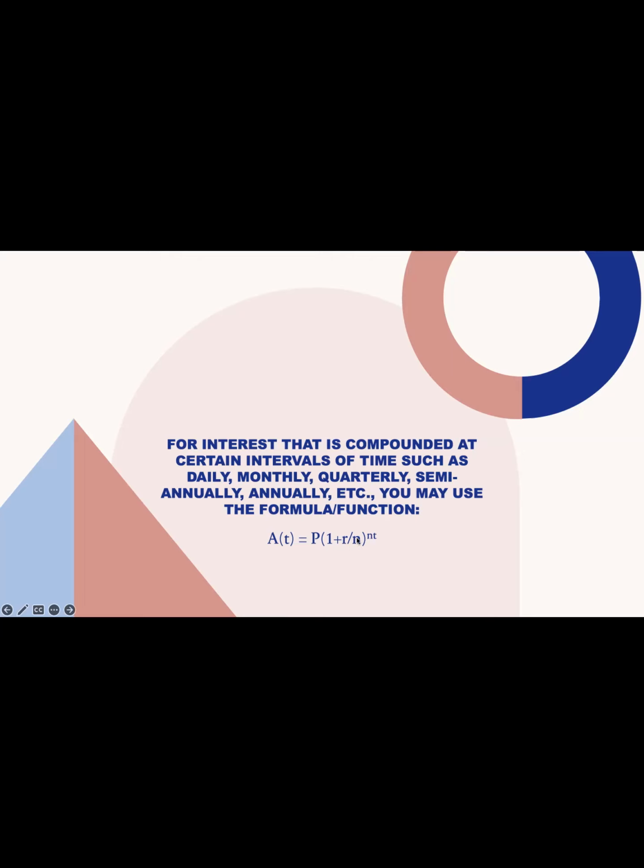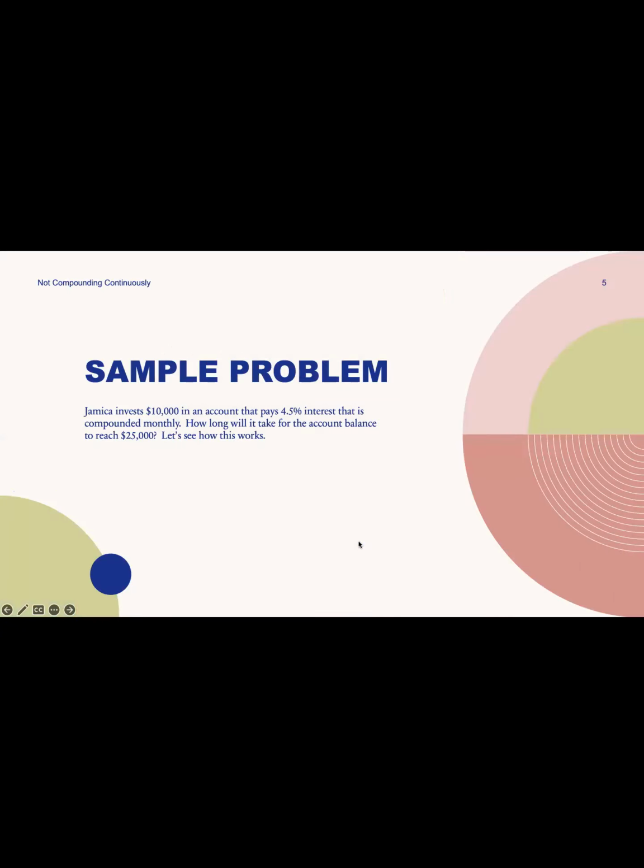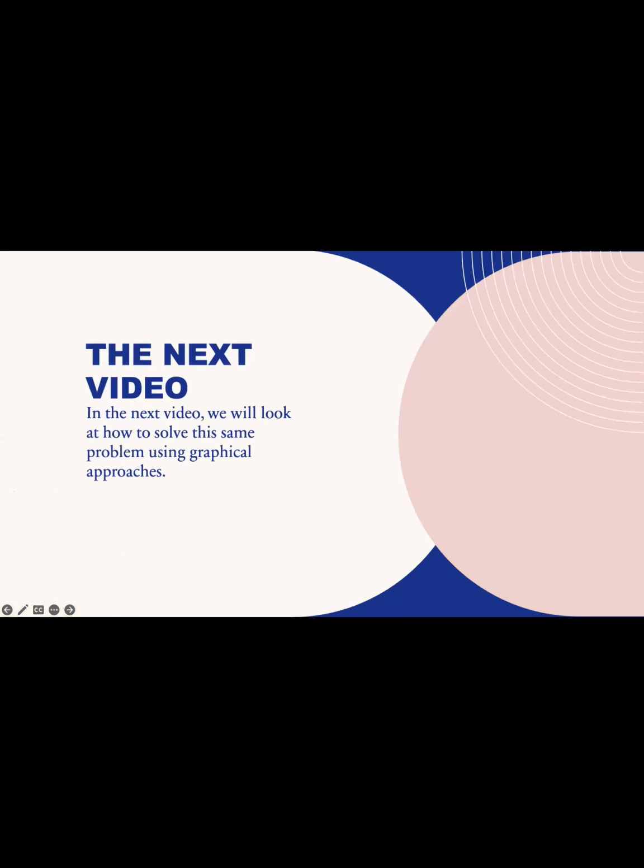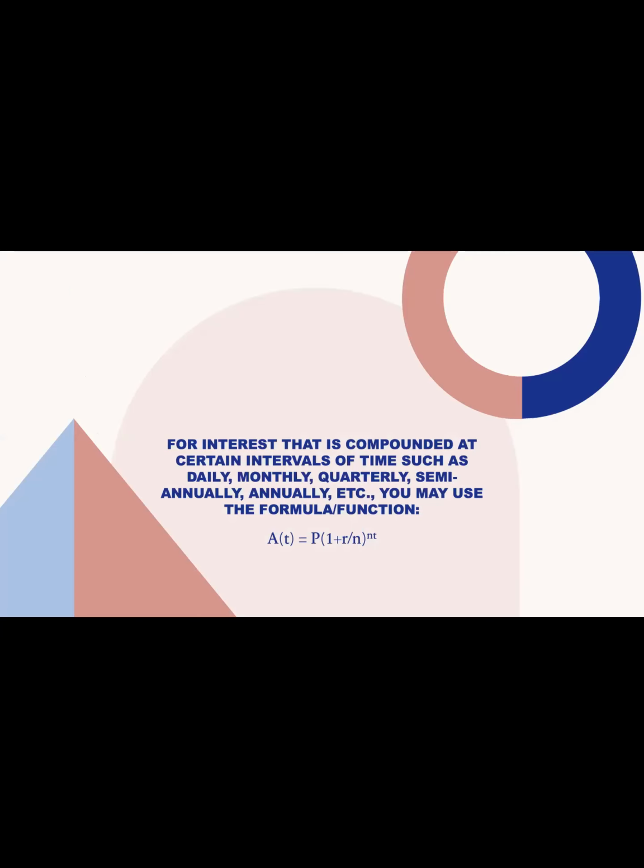And then that's divided by n. Now, n is the number of times that you compound the interest per year. So n, in this example, will be 12 because we're compounding the interest monthly, and there are 12 months per year.